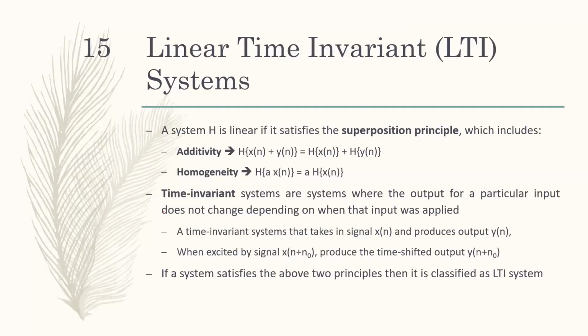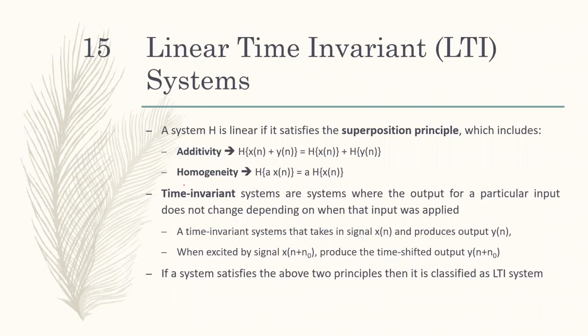Continuing with the previous discussions, we come across these terms, that is LTI systems, and what is meant by superposition principle with respect to the systems we are studying. These all things we have discussed in the signals and systems subject. So let us have a recap of these things.